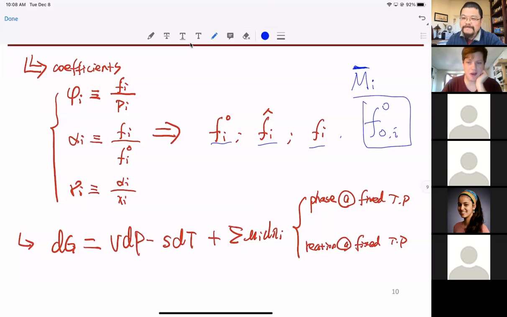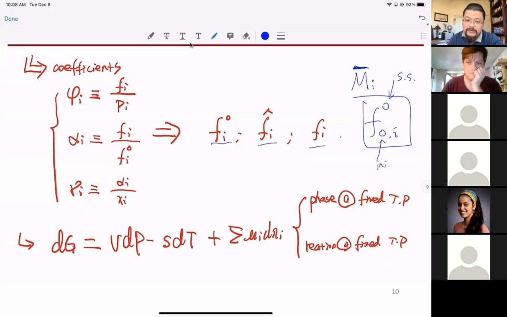The initial state of a fugacity coefficient, with the standard initial state. That is actually the correct answer. So that is the standard state. This one is just to remind us that I'm looking at some initial value.